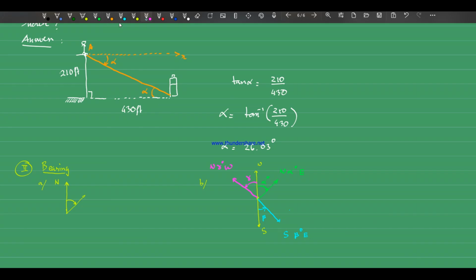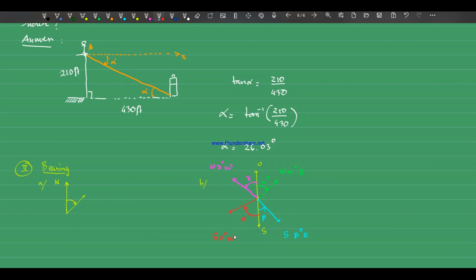Let's see if we can use a different color over here. Or I can say south. So I'm going to call this south sigma degrees west.